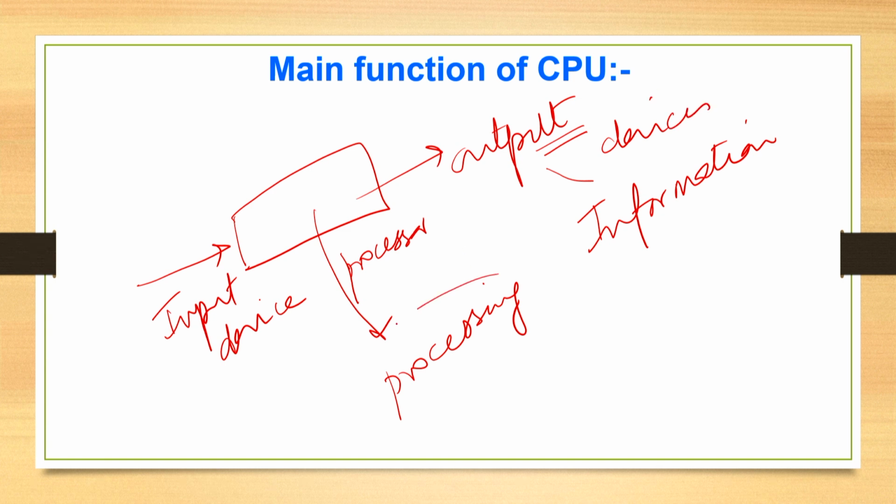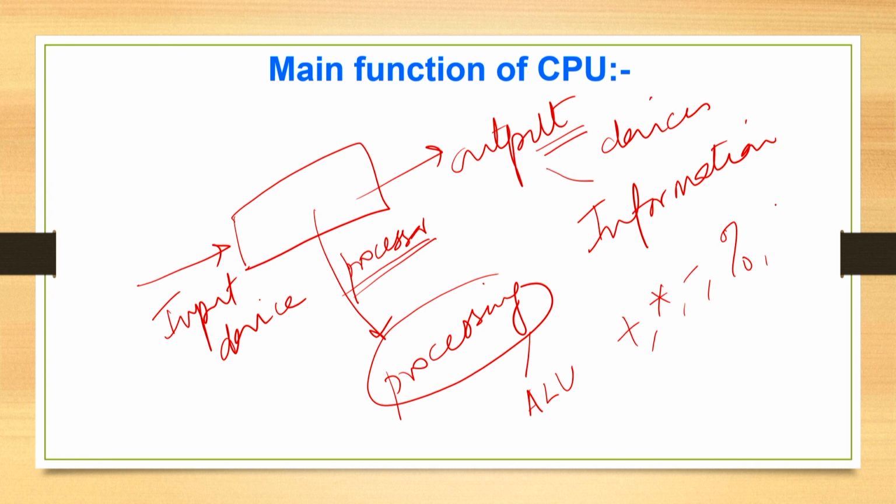So what does it do during the processing? It may either perform arithmetic operations, that is plus, multiplication, subtraction, division, modulo, anything, or a logical operation, that is AND or NOT.